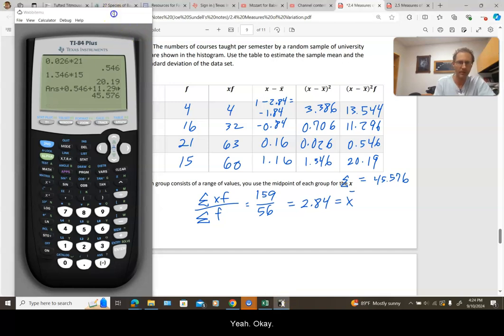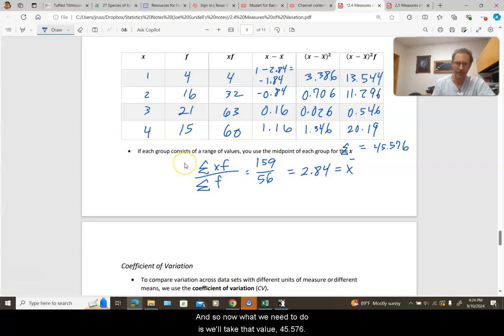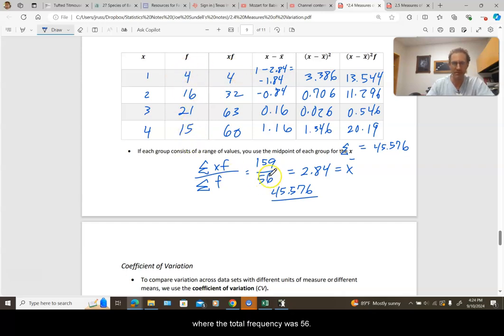Okay. And so now what we need to do is take that value, 45.576, and divide it by the total frequency minus 1, where the total frequency is 56, so 56 minus 1 would be 55. I'm just going to do all this in my calculator.